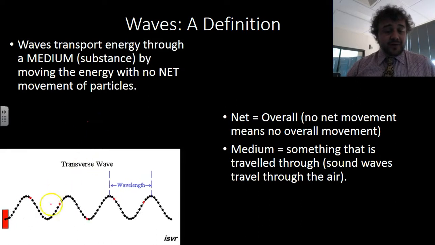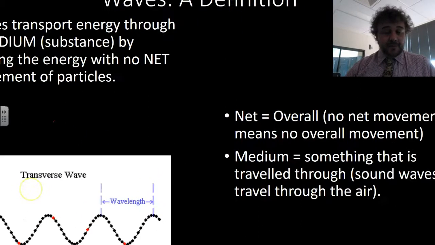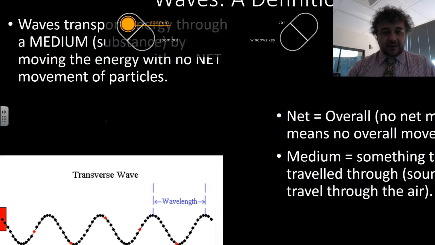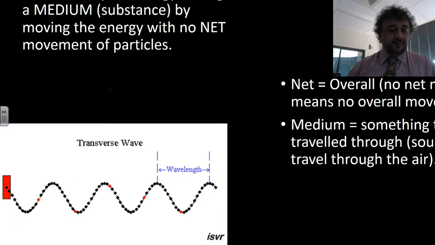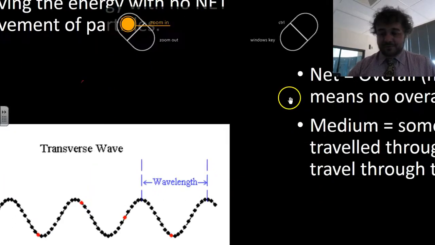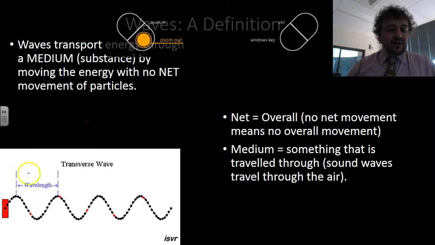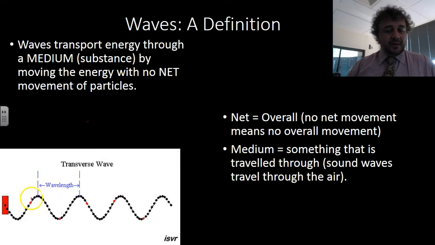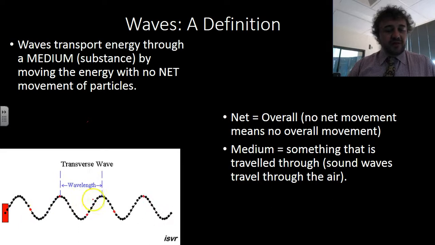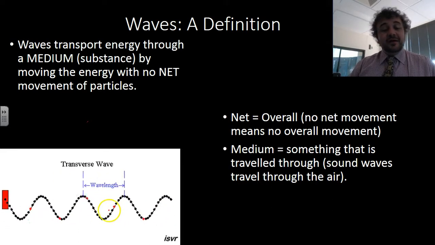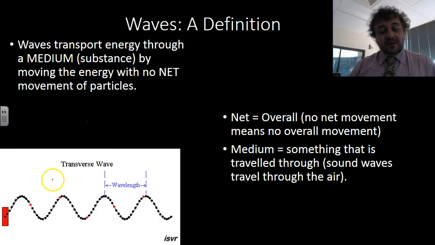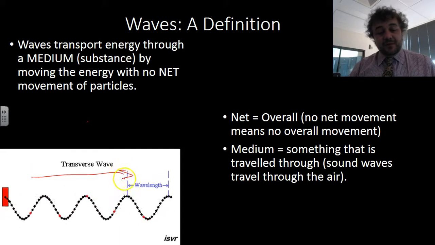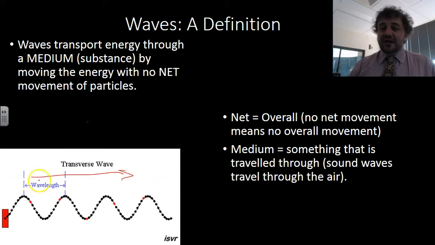But if we have a look over here, watch this red particle here. You'll notice that it actually only moves up and down. The wave is moving in this direction, but that red particle just goes up and down.